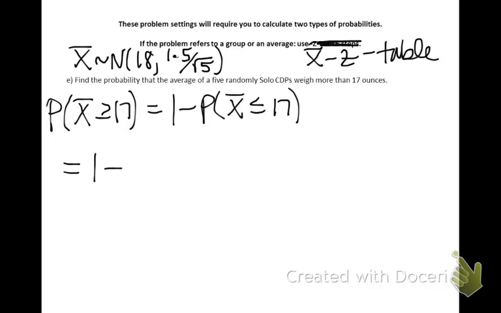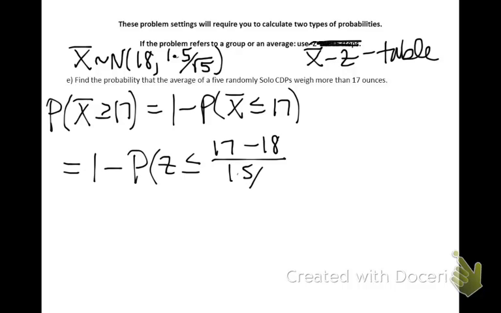Now that we've written it in terms of X bar, we can convert to a Z. This is 1 minus the probability that Z is less than or equal to the observation of 17 minus the mean of 18 divided by the standard error of 1.5 over the square root of 5. That z-score simplifies to the number negative 1.49.